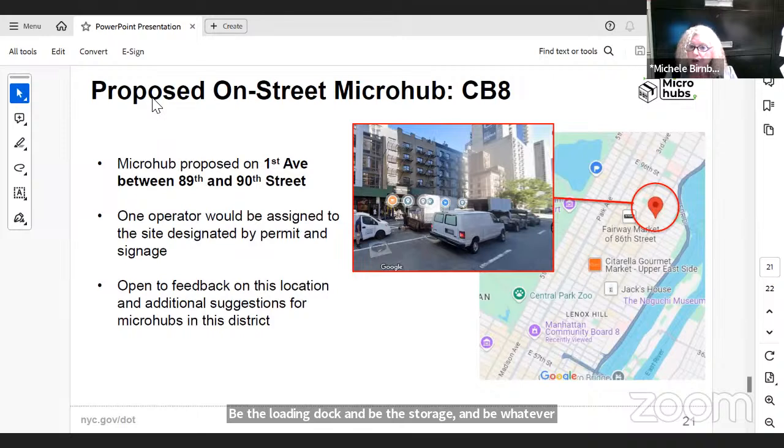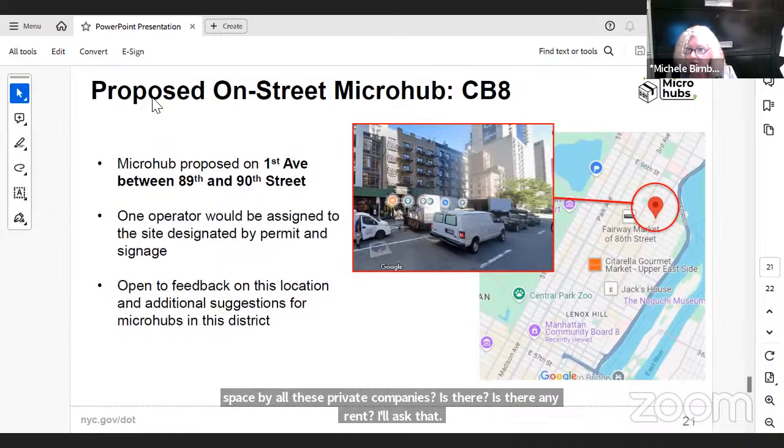To me, that should be their responsibility. It could be mandated through legislation or however you see fit. But I mean, are you charging any rent for this curb space by all these private companies? Is there any rent? I'll ask that before I finish my comments. Is there rent or is this free?